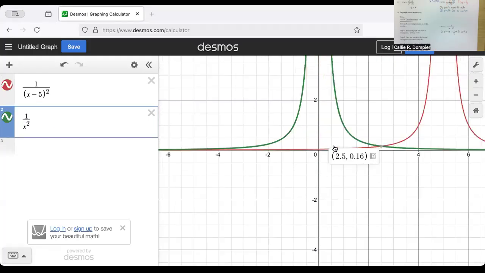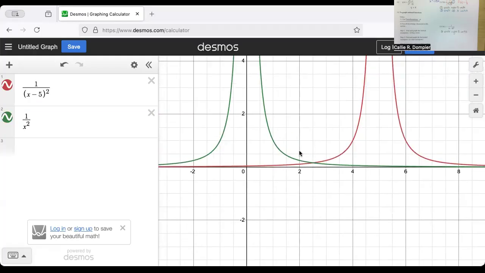Did we shift it 5 units? We did. So everything got moved to the right 5 units.